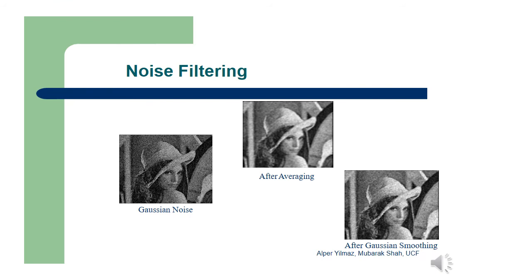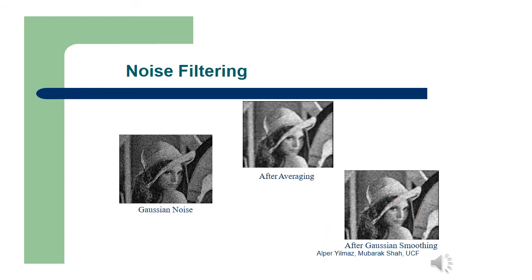Here is another notion, which is called Gaussian noise. Earlier you have seen that we were removing noise by Gaussian. Now here is noise which has the property of Gaussian. After averaging, you get this image, and after Gaussian smoothing, you get this image.